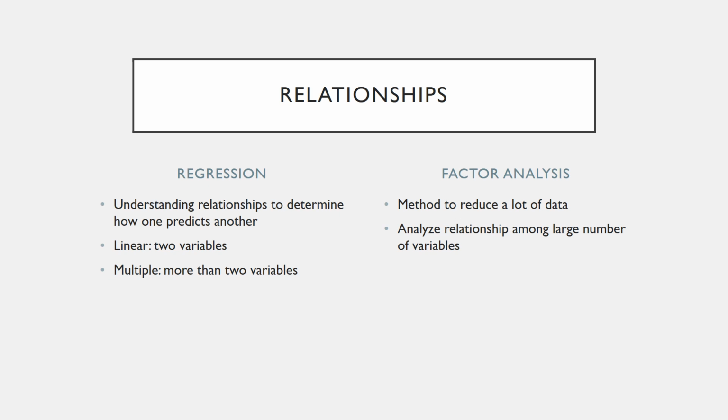So we don't use factor analysis a whole lot in terms of testing and assessment, but we might use something like regression to understand the relationship between, for example, depression and anxiety in the outcomes of assessments for a client or a group of clients.